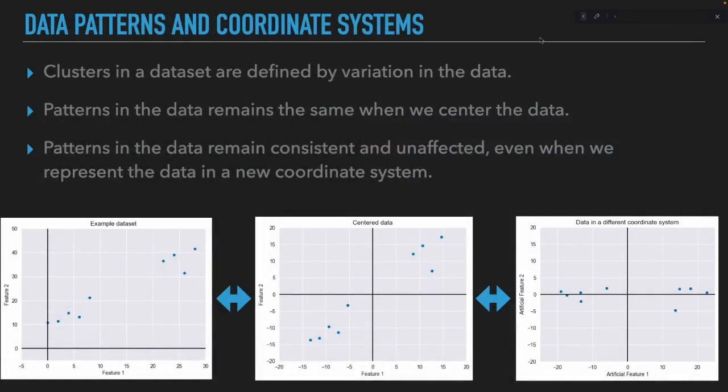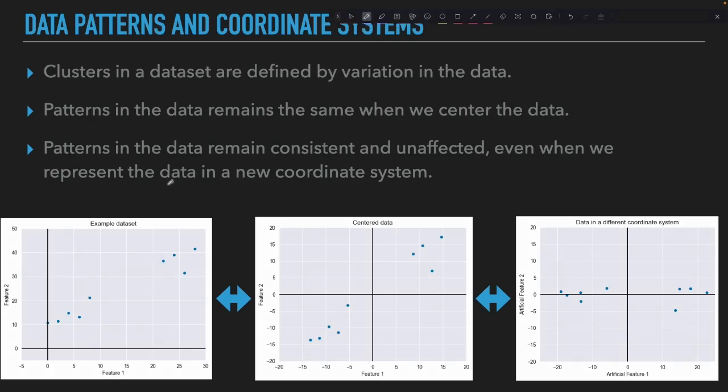So now let's take a look at some transformations that can help us represent data more efficiently. And again, let's remind ourselves that clusters in our data are defined only by this variation in our data. So maybe we could do something with this data and preserve the variation at the same time.